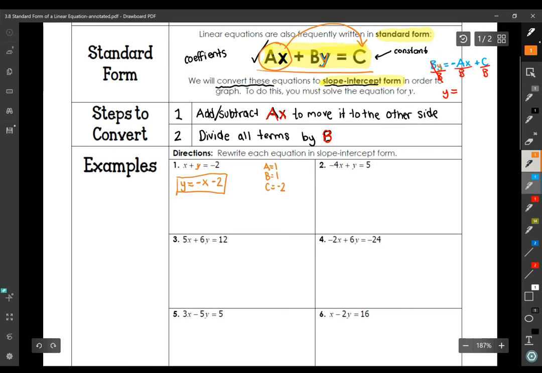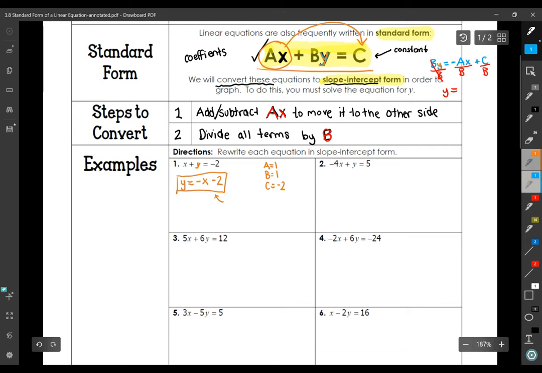Okay? So now this equation is in slope-intercept form, right? So if you were to graph it, the slope would be -1, and the y-intercept would be -2, okay?